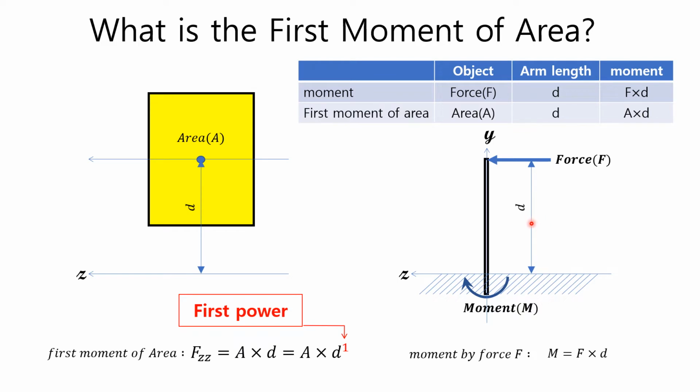Distance d is the moment arm. In the same way, the moment created by area with respect to the z-axis is the product of area A and distance d to the power of 1, which is the first power. Therefore, it is not strange, this term, the first moment of area.